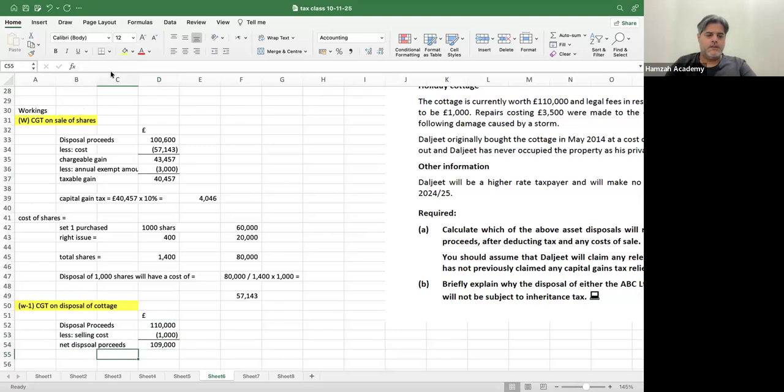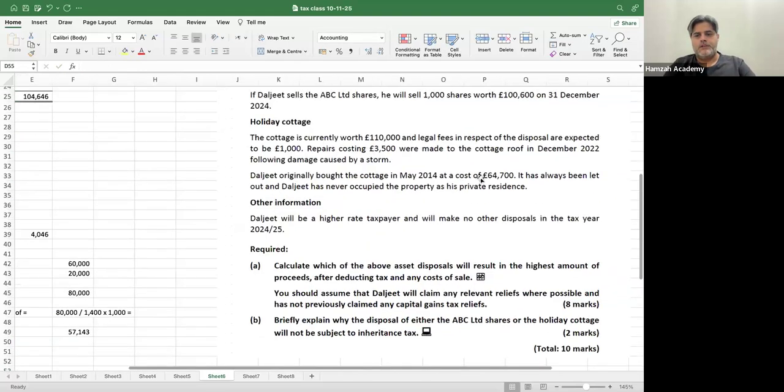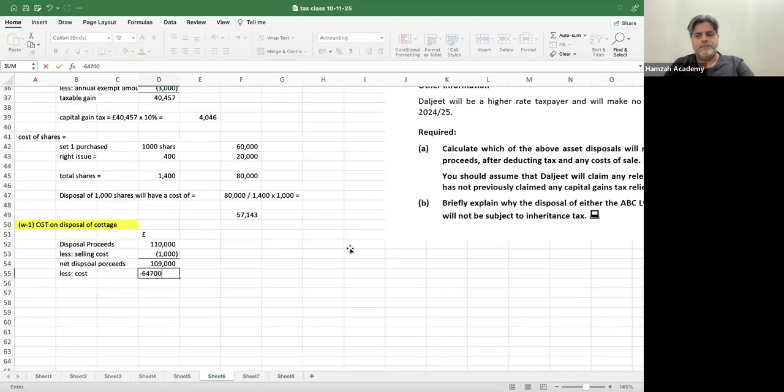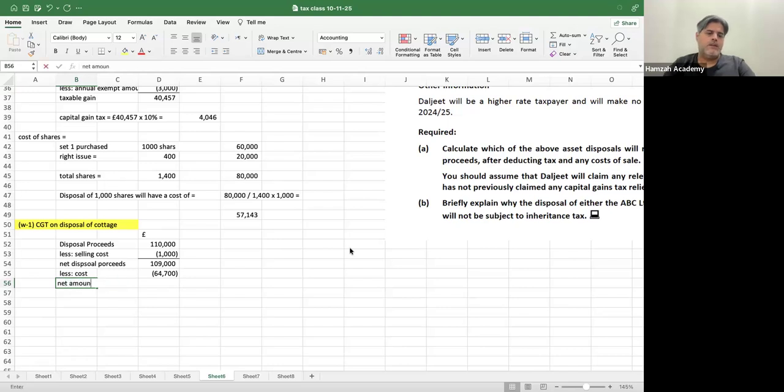And then I am going to deduct my actual cost. I got it for 64,700. So I will have my net amount here: the net amount is going to be 44,300.